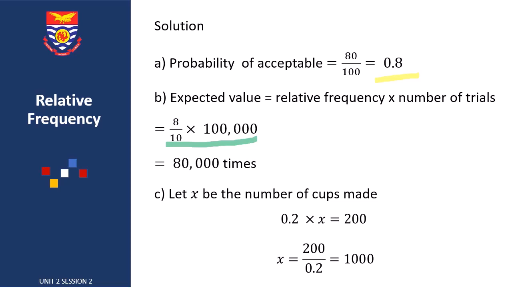What it means is that we need to multiply 0.2 by the number of cups made, that is X, and then find X, the total number of cups produced. X equals 200 divided by 0.2, which gives us 1,000 cups. So when 1,000 cups are made, 200 will be unacceptable.